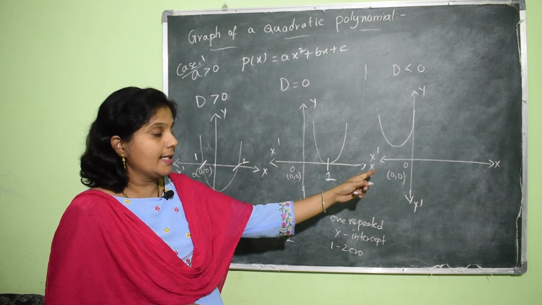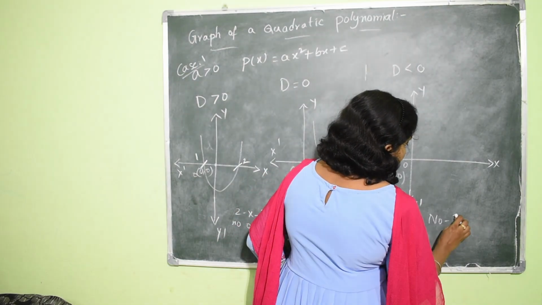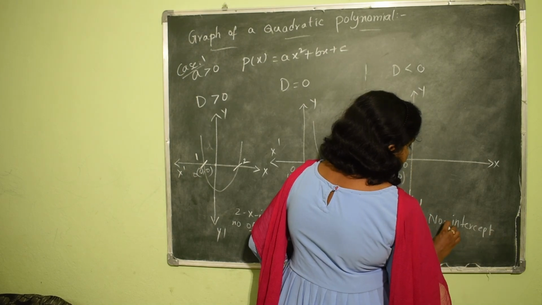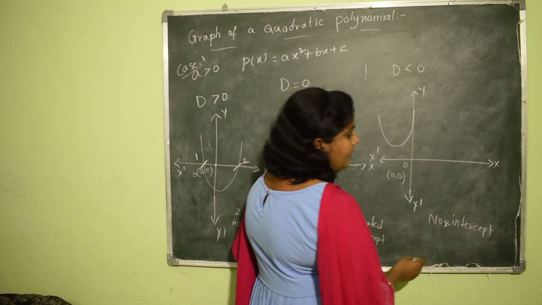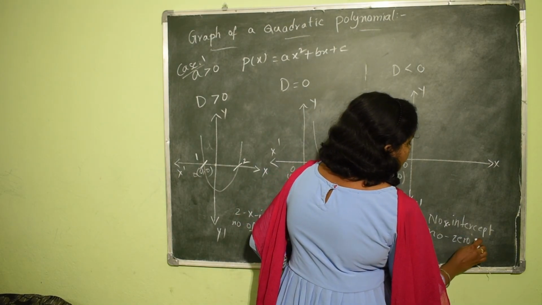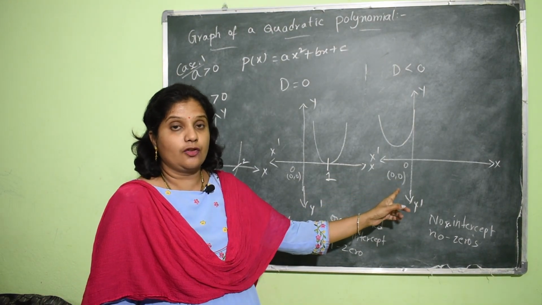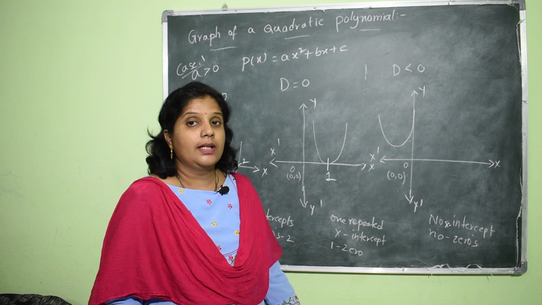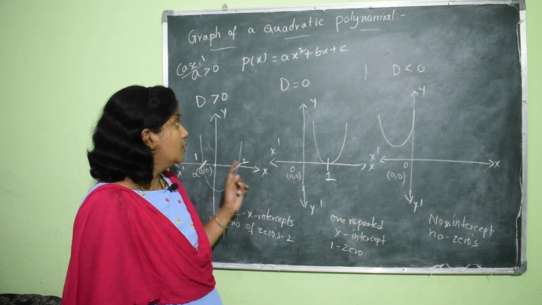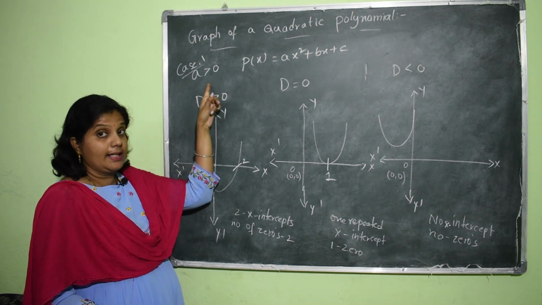So it is not at all intersecting the x-axis, and here we get no x-intercept. So how many zeros here? No zeros. Why? Because the graph is not intersecting the x-axis at any place. So no zeros.